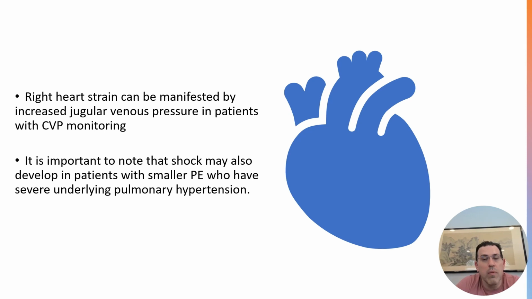It's also that particular individual and what their comorbidities are, specifically if the individual has pulmonary hypertension already. If someone has pulmonary hypertension already and their right heart is used to being under strain, they don't require a large PE. They could have, frankly, a very small PE, and that could just be enough to tip them over. So keep that in mind.